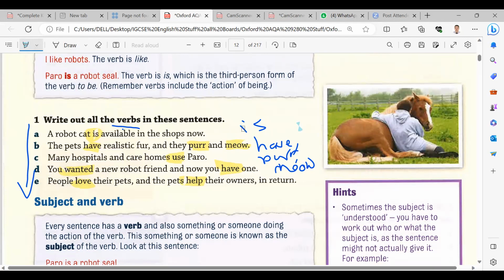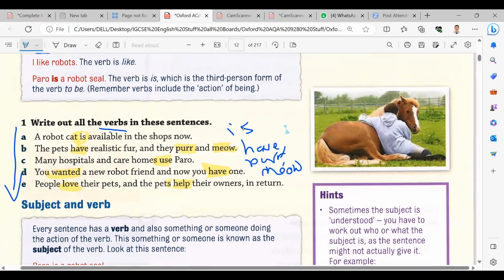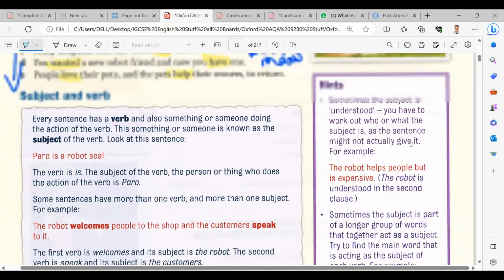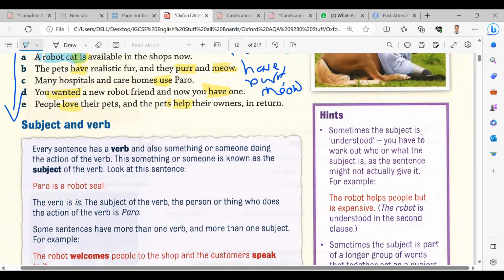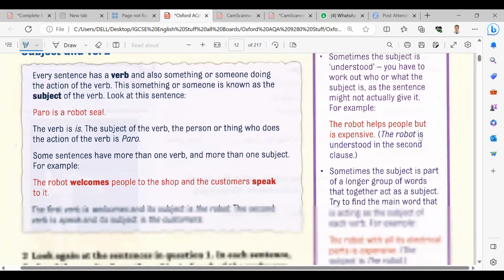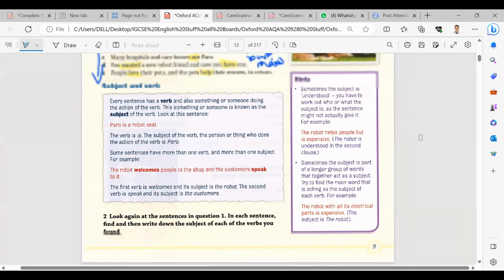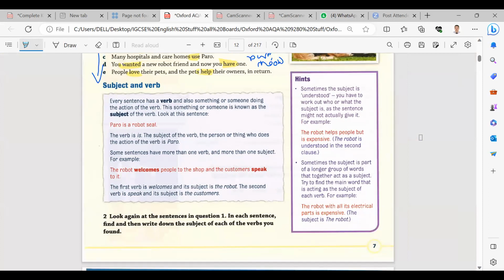A robot cat. Exactly, so a robot cat is the subject. But before you start, read the hints. This is really important for you.